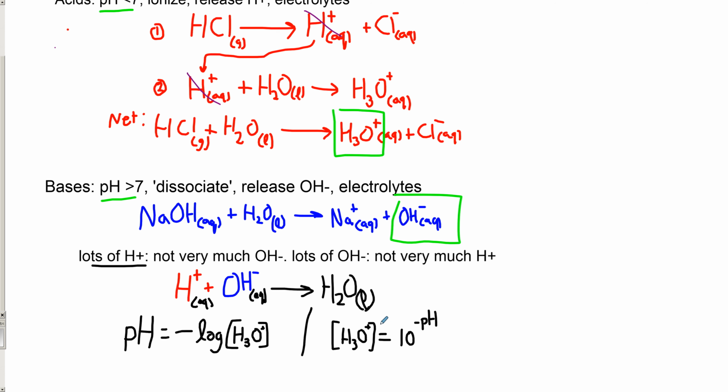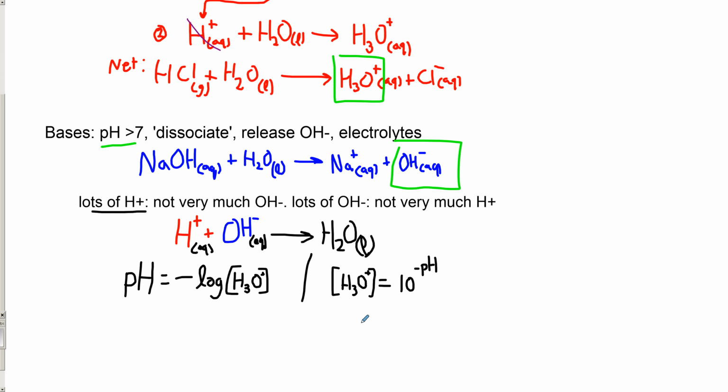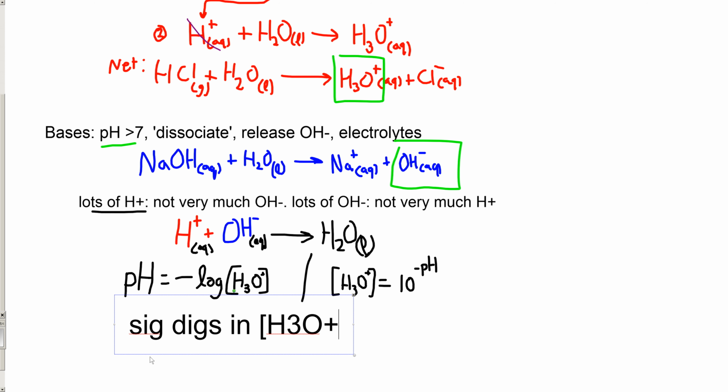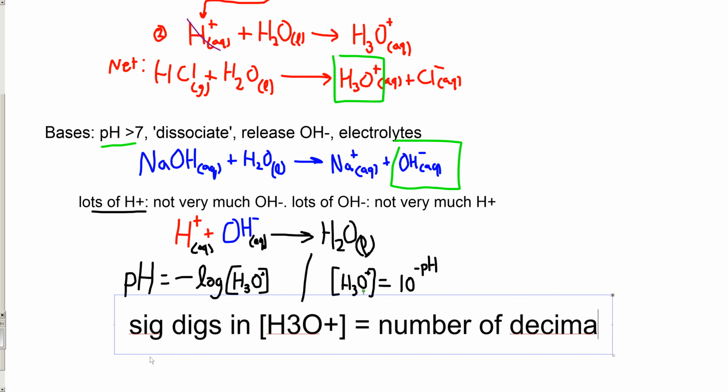The one thing that I want you to be cautioned about is that the number of sig digs in your H3O plus is the number of decimals in your pH.